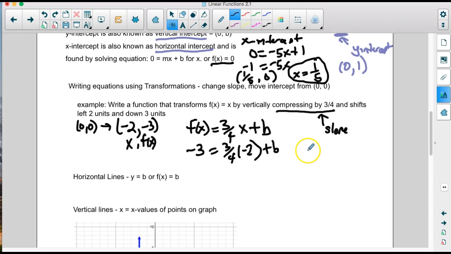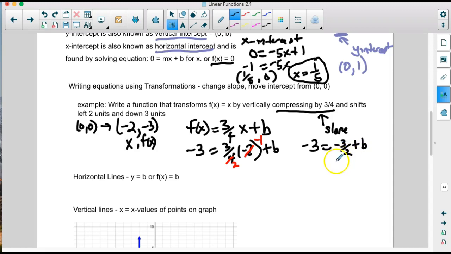So in this case we have negative 3 equals 3/4 times negative 2, and this will reduce by a factor of 2. So this is negative 1 and this is 2. So our answer is going to be negative 3 over 2, that's negative 1.5.